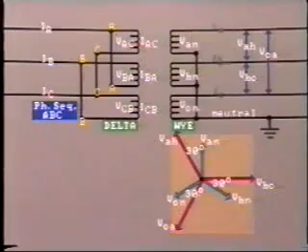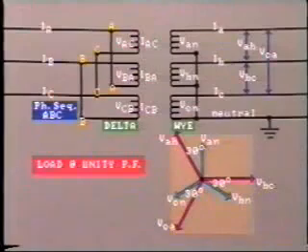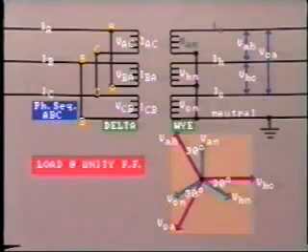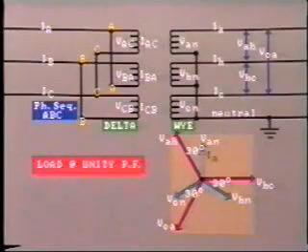Let's now take a look at the relationship for current. Considering the load to be at unity power factor, we know that the line current IA is in phase with the line-to-neutral voltage VAN. So we can draw the IA phasor along phasor VAN.